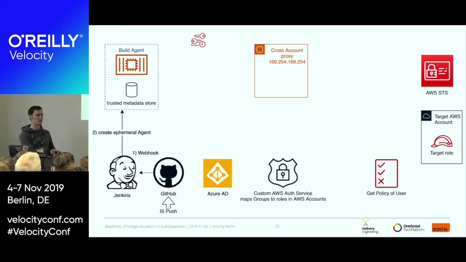So what's in this trusted metadata store is, for example, something like who did the commit, who did the push, and also, of course, which repo, and so on. And this is put there sort of out of band, so it can't be changed by any build job. So that's why it's the trusted metadata store. They can't be overridden by anything.